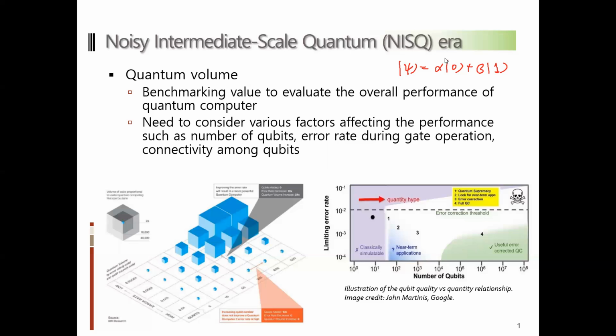That means that we are living in the NISQ era. We are expecting that the noise or error in the quantum computer will be reduced as people develop further, and that we can increase the number of qubits, but overcoming such limitations will take a while.